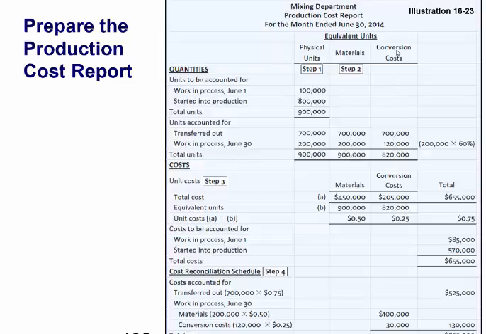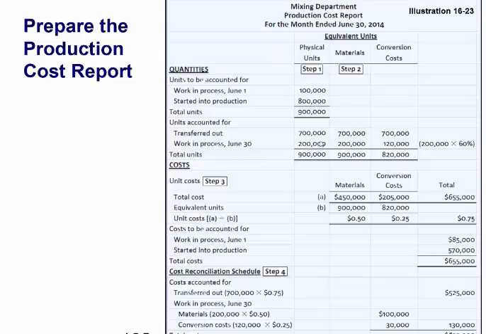And then as to conversion costs, the units that were transferred out are finished. They're 100% of the way converted. So 700,000 times 100% converted equals 700,000. But these 200,000 that are still here were only 60% of the way converted.